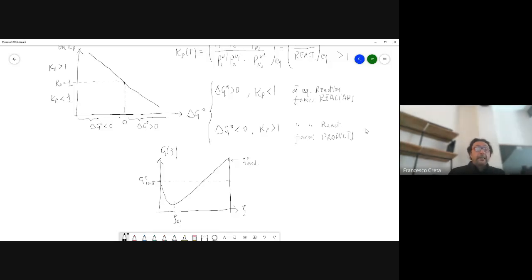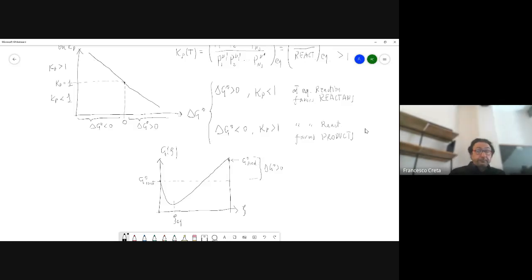This is exactly what we saw here. Clearly, delta G0 is positive, so it's this case here. If delta G0 is positive, Kp is less than 1, and the reaction will tend to favor the reactants. You see it's more shifted towards the left.